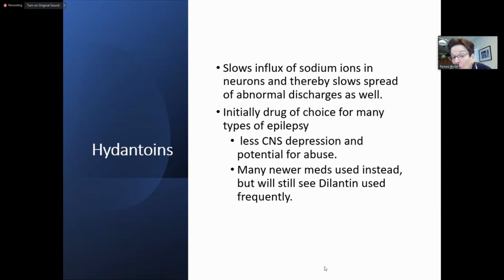Now, it is an older medication, but it is still on that $4 list for Walmart, CVS, Walgreens, whatever. And a lot of times, if patients are unable to afford those newer medications, you will see them use Dilantin because it's much cheaper and much more affordable for patients that don't have insurance coverage.